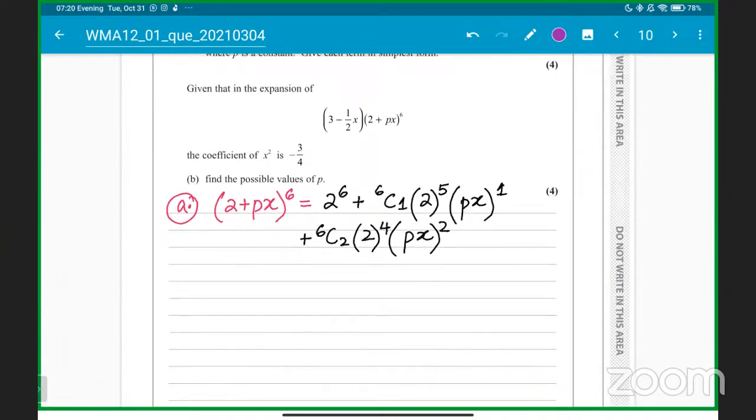So here we go. We open that. 2 power 6 is coming as 64. 6c1 is coming as 6. 2 power 5 is 32 into px, okay? Understood?